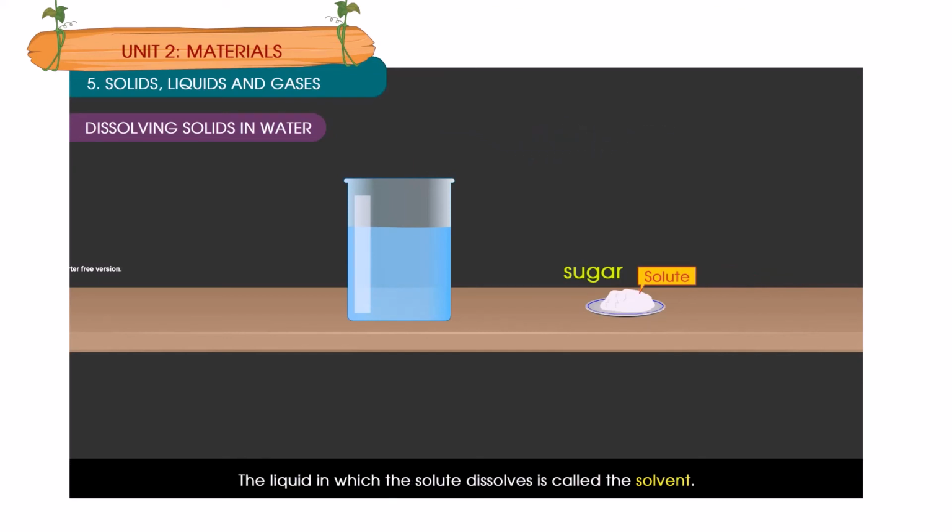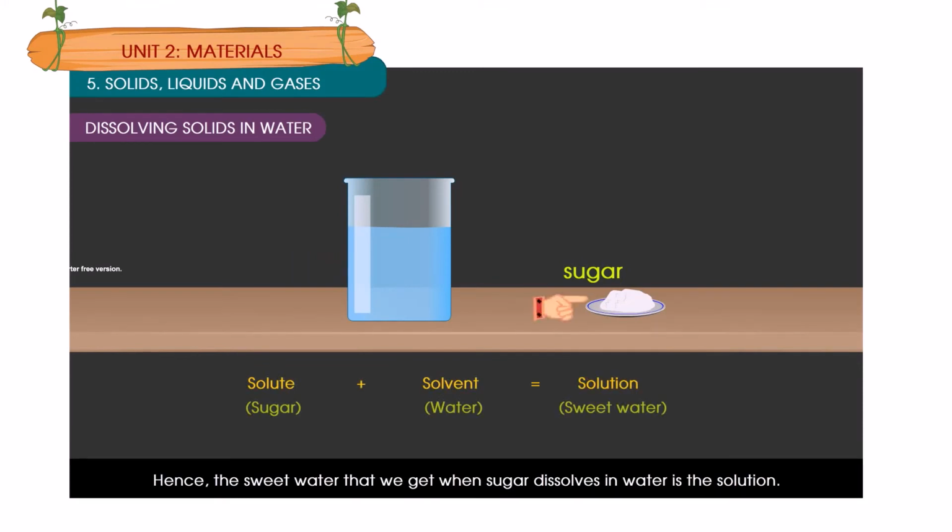The liquid in which the solute dissolves is called the solvent. In this case, water is the solvent. The liquid which is obtained when a solute dissolves in a solvent is called the solution. Hence, the sweet water that we get when sugar dissolves in water is the solution.